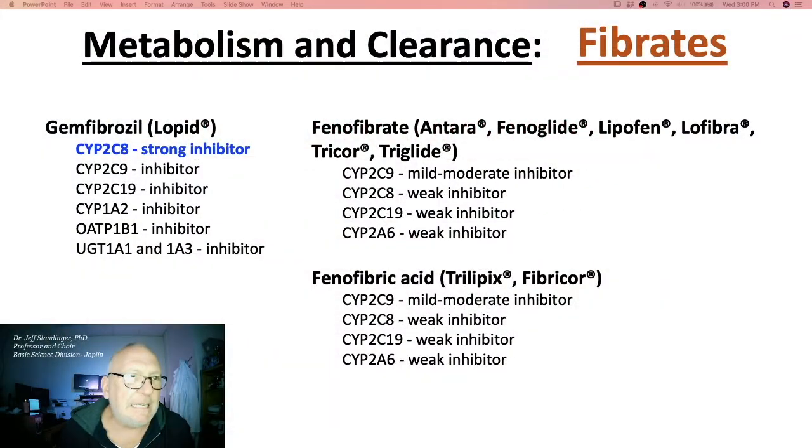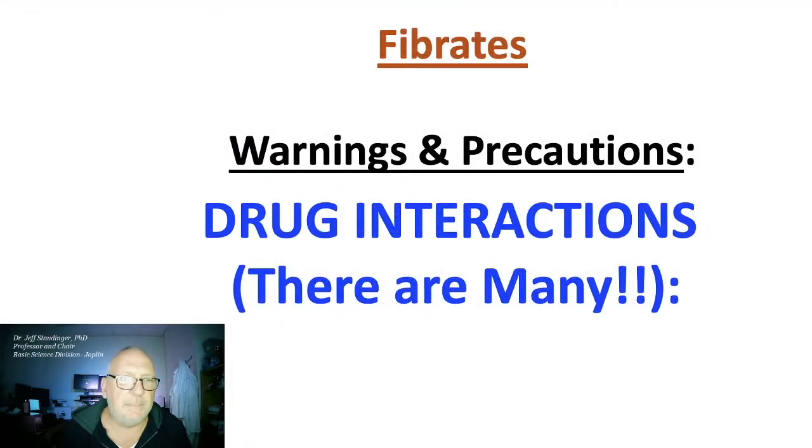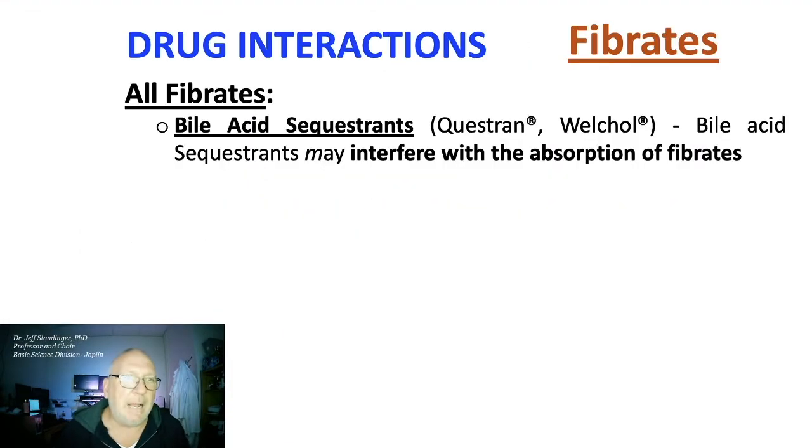Here's our special friend gemfibrozil, a very strong inhibitor of a particular cytochrome P450 called CYP2C8, which is important in drug metabolism. So if a compound inhibits CYP2C8, it's at increased risk for drug-drug interactions. Thus, as you would expect, there are many drug-drug interactions with fibrates. Bile acid sequestrants interact with fibrates.